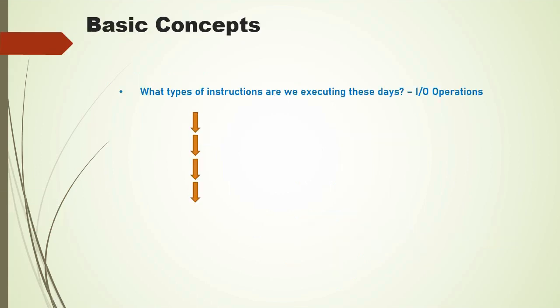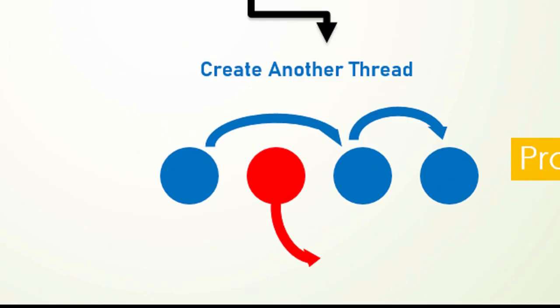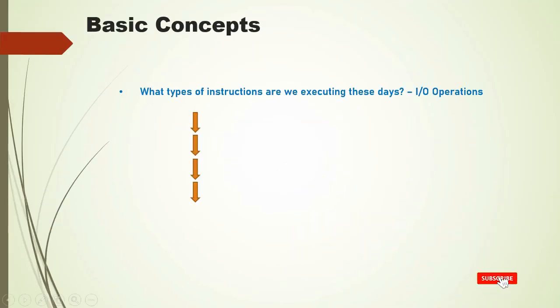Now what types of instructions are we executing these days? If you look at this one, what are these processes which take that much time? Why is it different from these other ones? Because this is maybe an input output operation, like we are executing some task here, like getting data from an API.